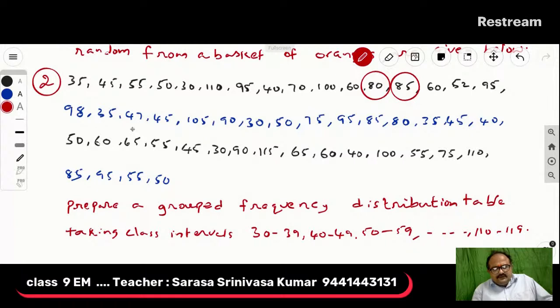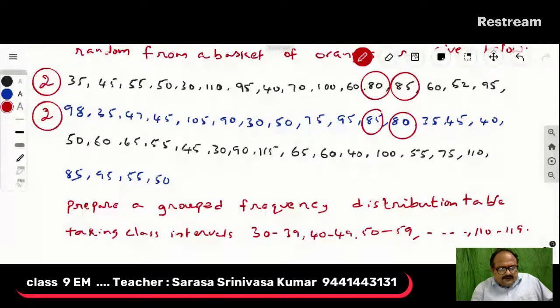Next, 85, 80. So in the second row, how many oranges are there? 2 oranges are there, 80 to 89. Next, the third row. There are no oranges in this class interval.